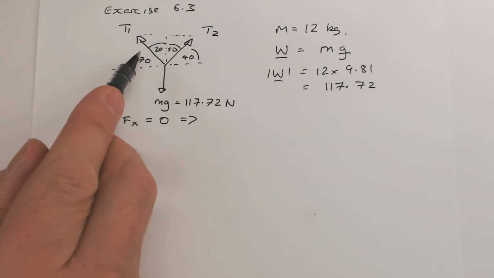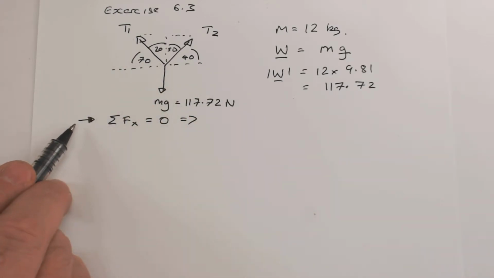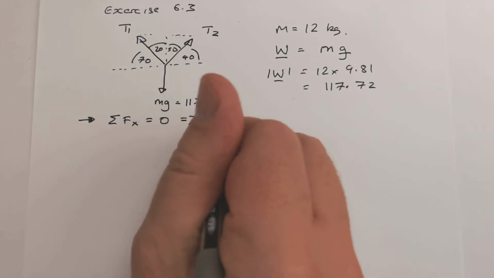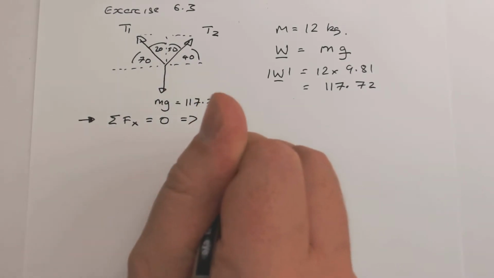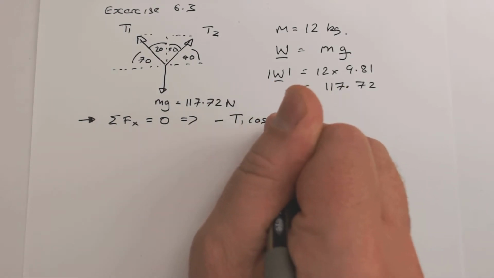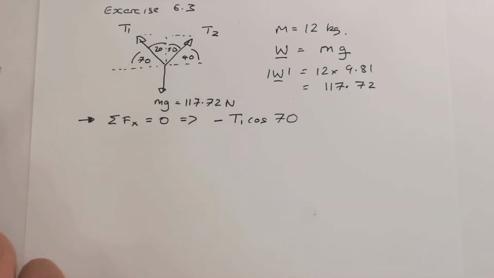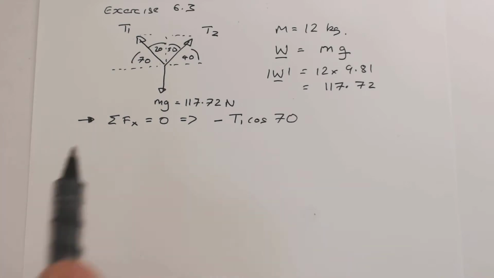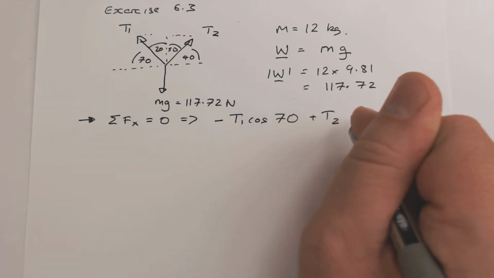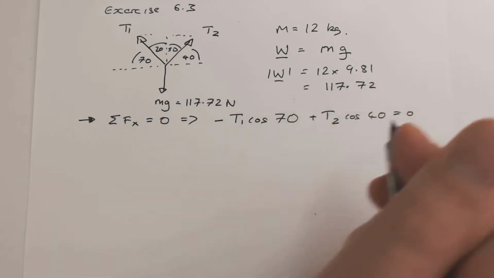So tension 1 has to swing through 70, and then it'd be pointing in the negative direction of where I've decided what's going to be positive. So the first one's going to be minus T1 times cos 70. The second force, we swing through 40 to get to the horizontal, and then it'll be in a positive direction, so plus T2 cos 40 equals 0.